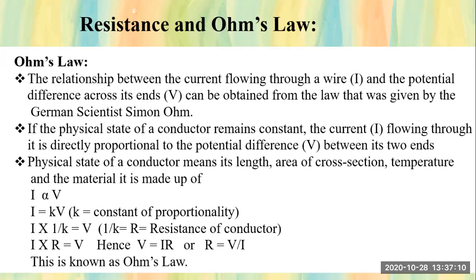Now, as I put the value of 1 upon K equals R in the equation, I get I into R equals V. So hence we get V equals IR, or R equals V upon I.